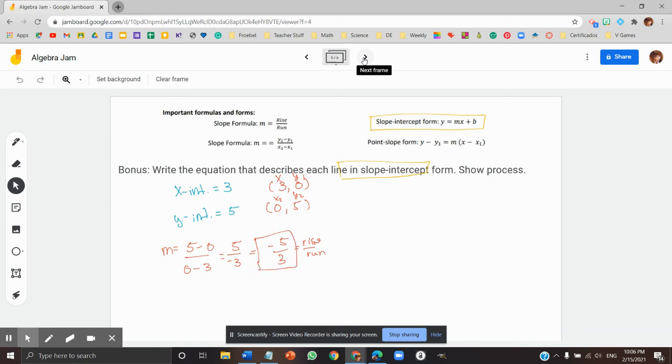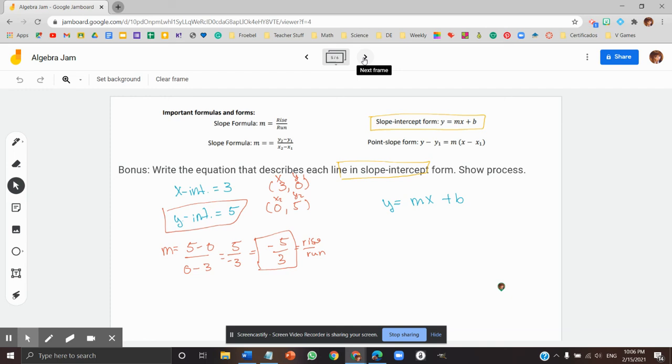Now that I have my slope and I have a point, I don't even need a point, right? I already have the y-intercept. So I can use the slope-intercept form. I'm going to rewrite it here: y equals mx plus b.